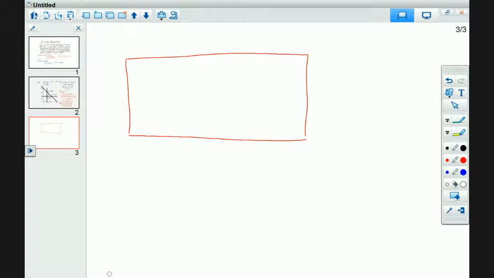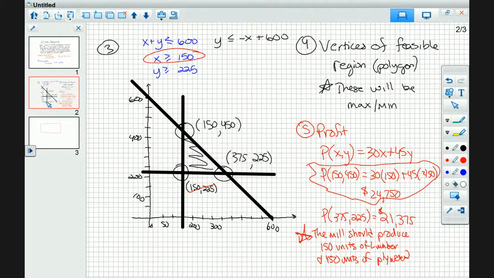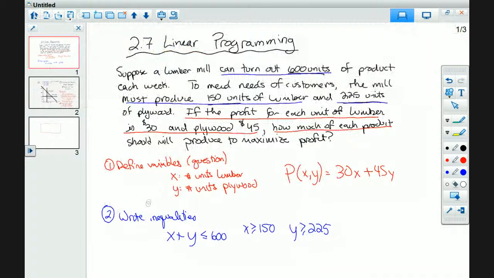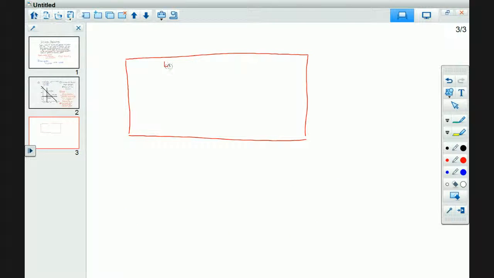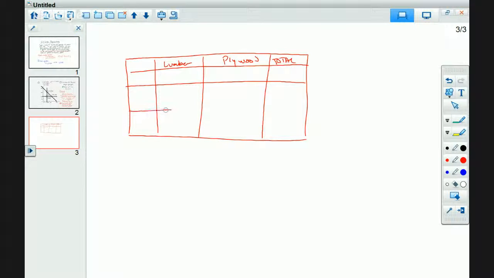So when we define our variables, this is on the fly here, so yeah, this will work.